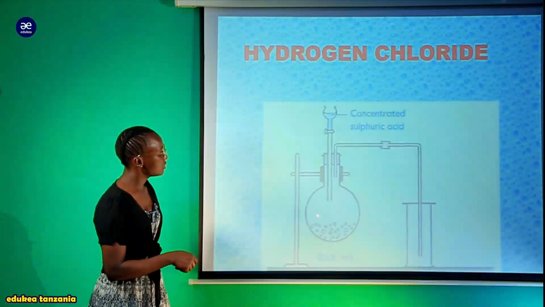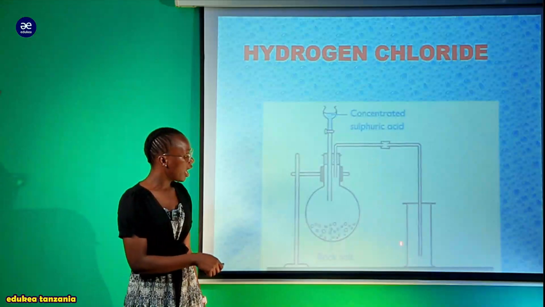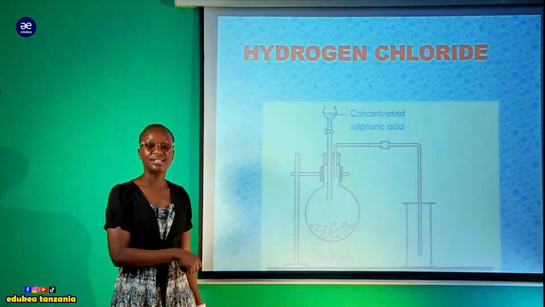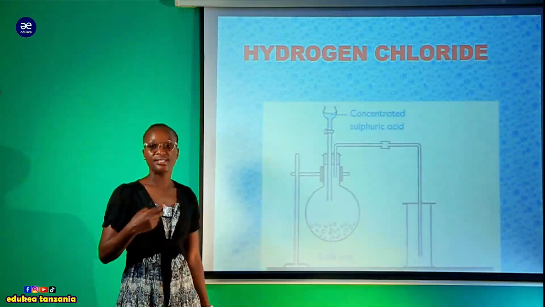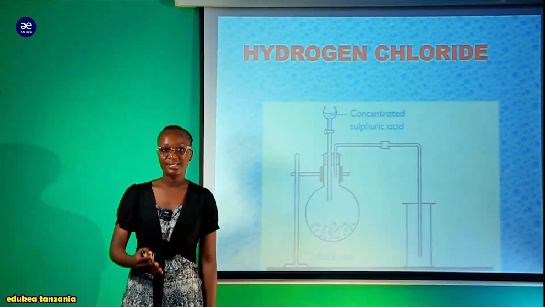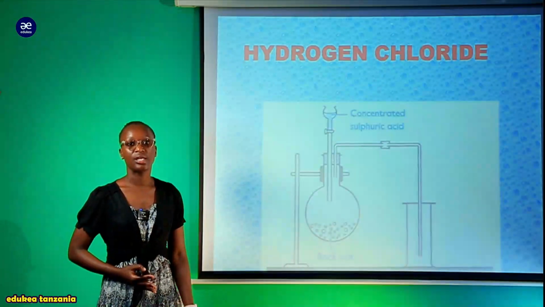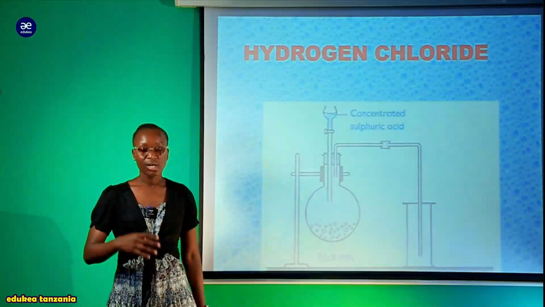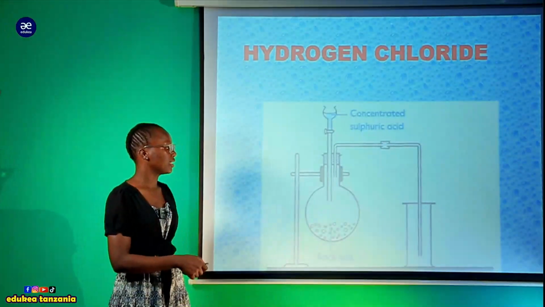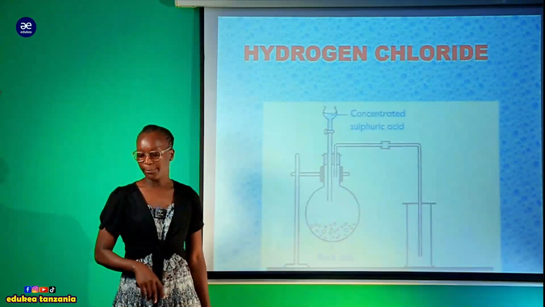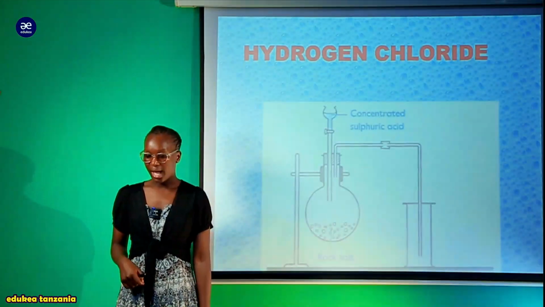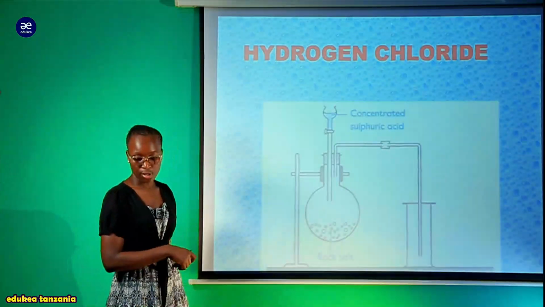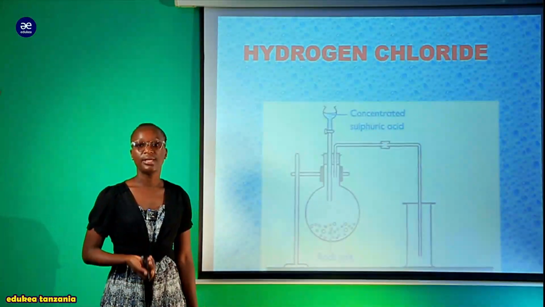But also this is set with this delivery tube up to the gas jar here. So this is the gas jar, and after this reaction taking place, gas jar as usual, kwamba hii ni apparatus ambayo mainly purpose yake ni collection of gases. So tutakuja collecting our hydrogen chloride gas here in the gas jar. So this is just a simple setup ambayo inaweza kutumika katika laboratory preparation of this hydrogen chloride gas.